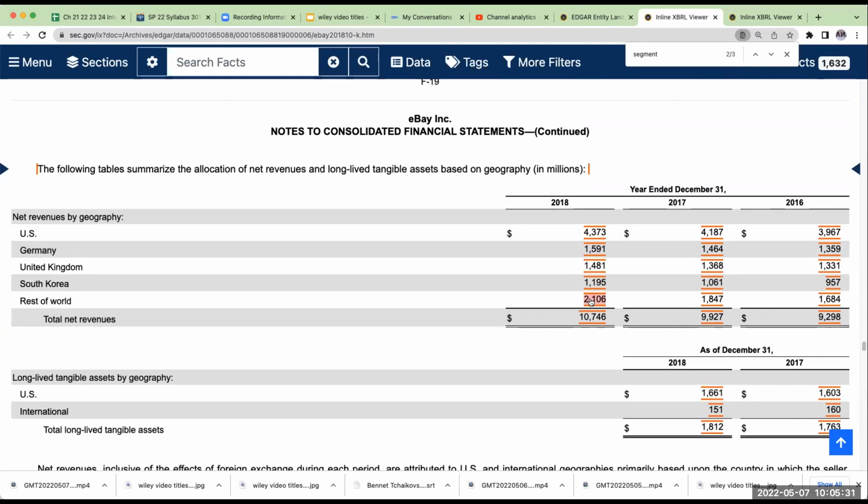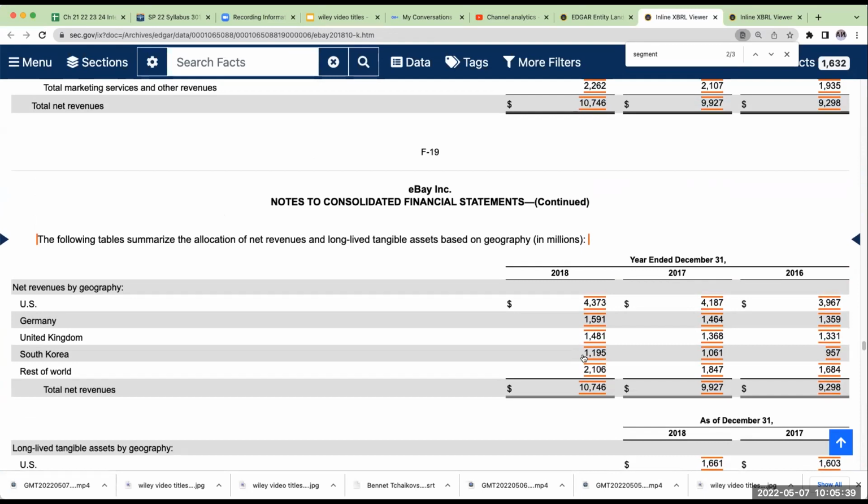So not only do you have segment information by revenue, but this also shows what the ramifications would be if something happened in a particular country and we were no longer able to do business there. That's something to keep in the back of your mind as you look at segment reporting.